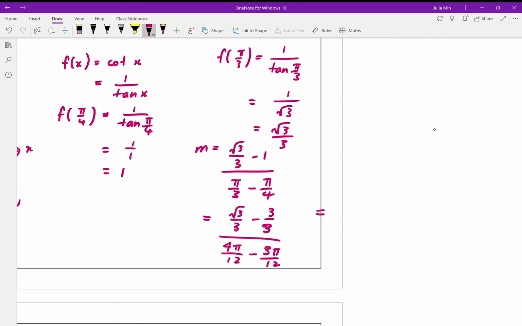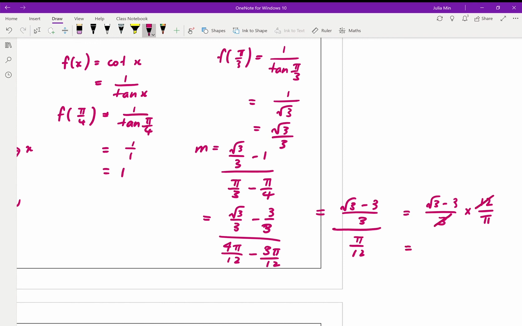And so I get root 3 minus 3 on 3, and I get pi on 12 at the bottom, which is the same as doing root 3 minus 3 on 3, divided by pi on 12, which is the same as doing times 12 on pi, because you take the reciprocal and multiply it.